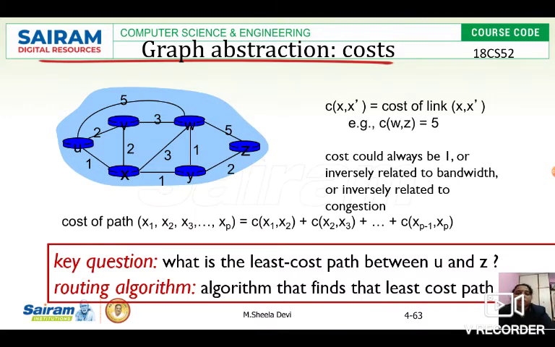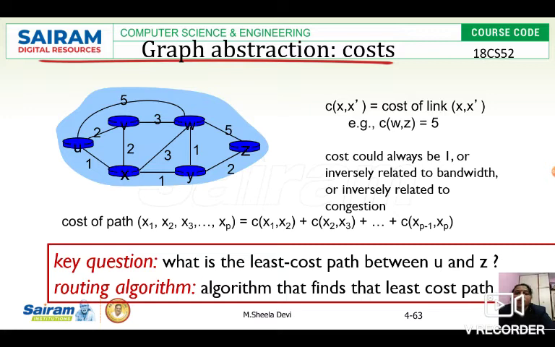So mostly in networks, the shortest path or the cheapest path is the best path, right? The best path is decided with the help of factors such as cost, number of hops, and distance. In this algorithm and in the forthcoming algorithms, we are going to take only the cost as the factor to decide the shortest path, so the shortest or cheapest path.